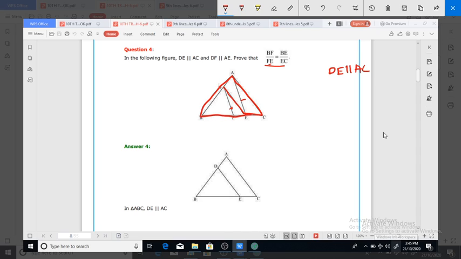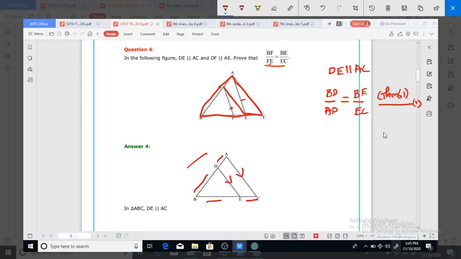DE is parallel to AC. What do we write? BD by AD is equal to BE by EC, by theorem 6.1. Call this 1.